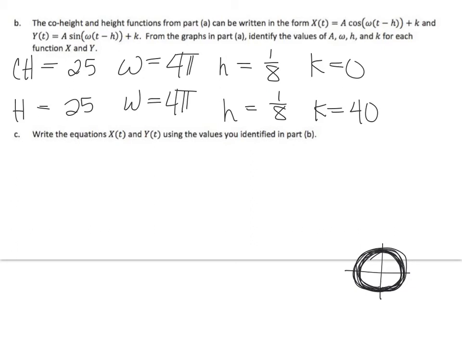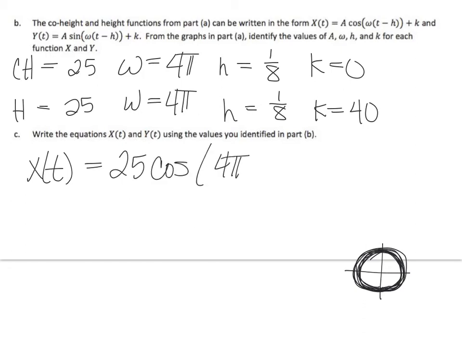Let's go ahead and put them into our equations as functions of time. Amplitude is good. Omega, oops. You remember we didn't translate anywhere vertically.